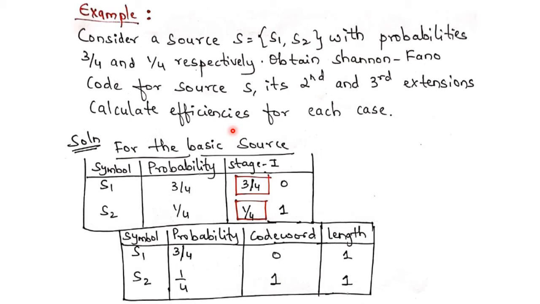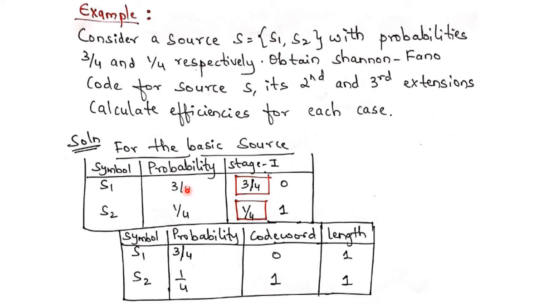Once we arrange the probabilities in decreasing order, first we'll have 3 by 4, the symbol is S1, and then 1 by 4, the symbol is S2.